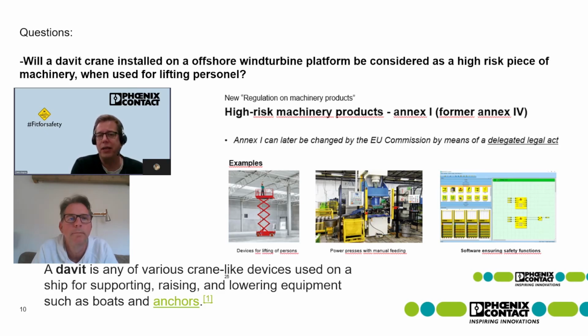So that means also for Annex 4 machines or high-risk machinery products in future, you can place your machine on the market without any third-party approval. But that will no longer be possible. You need to decide how to proceed in the future, either to provide an EU type examination by a third party or by having a full conformity assessment procedure also supervised by a third party.